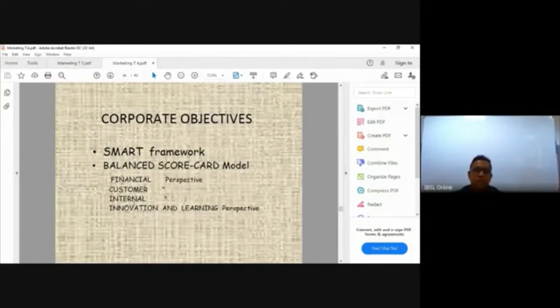Then internal perspective means internal efficiencies of the organization: the productivity, the efficiency, the skills, capabilities, improvement of all those are captured under internal perspective.